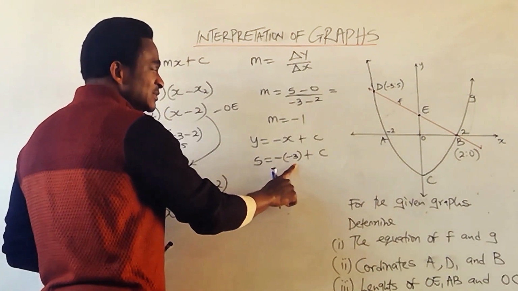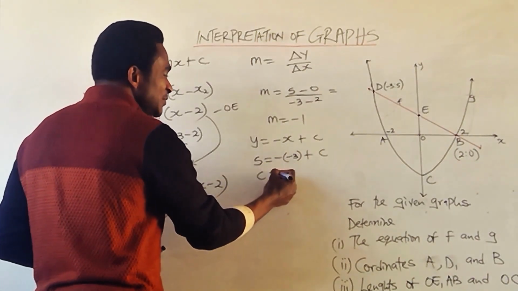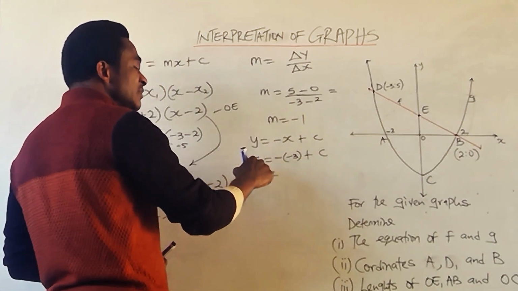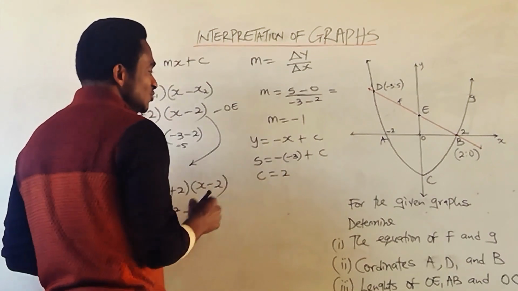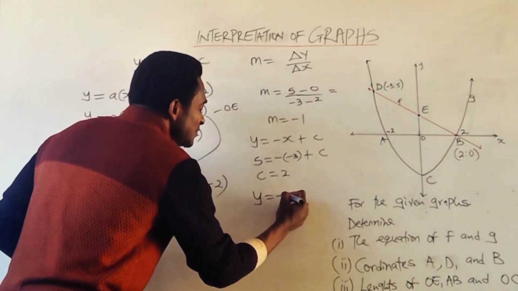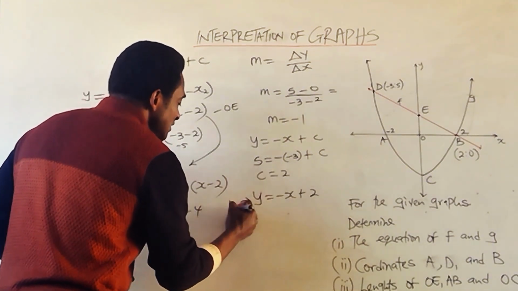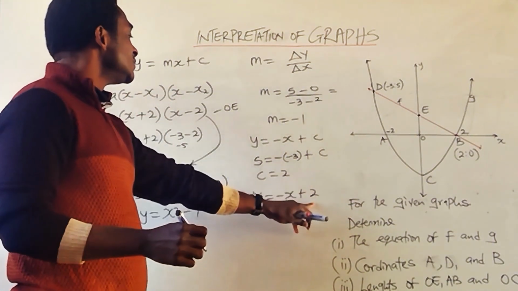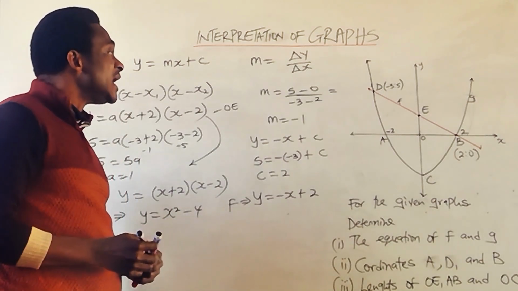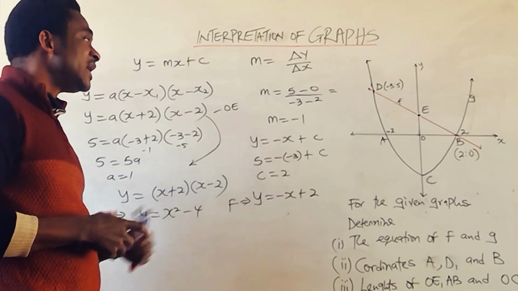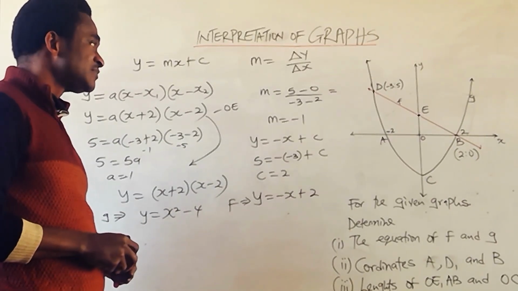So that becomes +3. Our c will be 5, +3 crossing over becomes -3, which is 2. So the equation of this graph will be -x plus 2. So our f is negative x plus 2, our g is x squared minus 4. Now we've gotten the equation of our graphs of f and g.